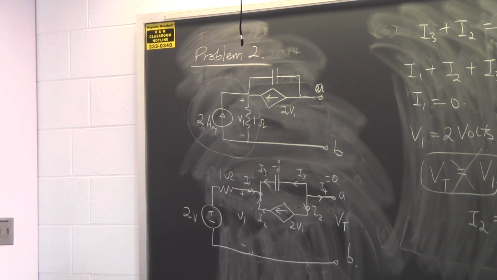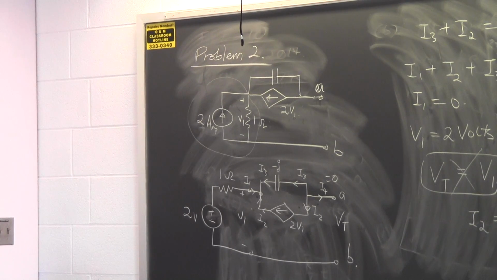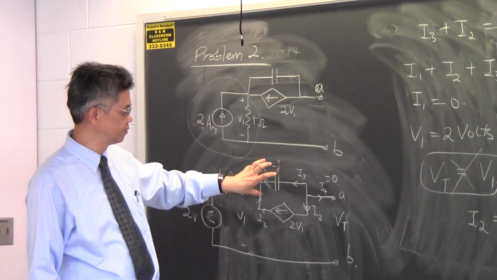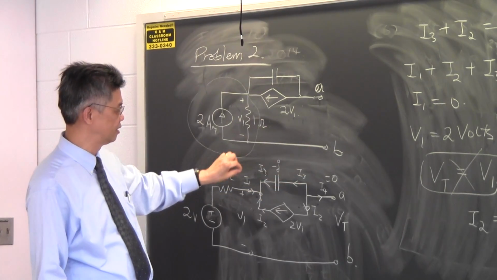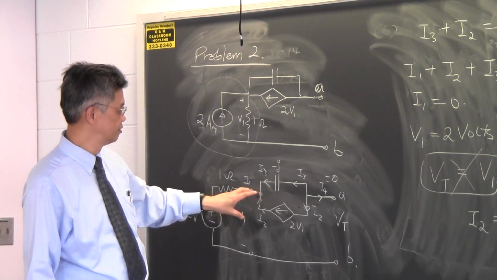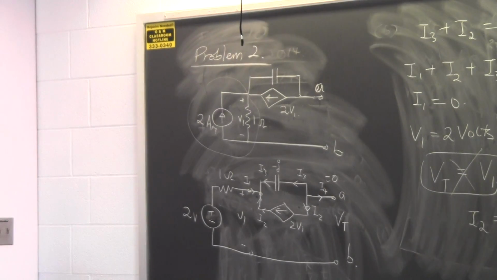There's a negative J. So this should be a plus sign over here. If I2 is equal to minus I3, then I will have a plus over here. So I3 times this impedance gives me a voltage drop from here to here, which means that V1 plus this voltage drop is equal to VT. That's fine. This is Kirchhoff's voltage law, correct. And then VT is given to be this number over here.